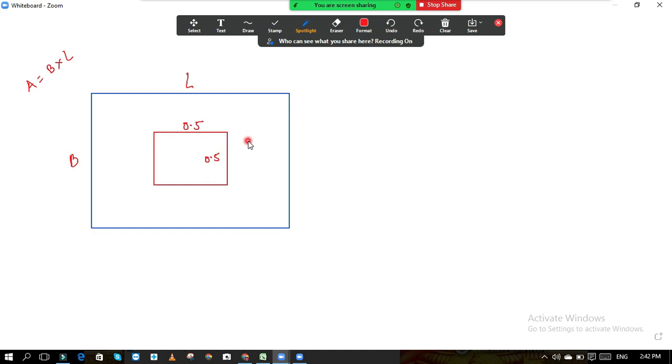Penetrate means trying to go through that footing, which has an area of B into L. In our case this is 2.75 by 2.75. We have calculated it, and that much we have provided. This is 2.75 meters and this is also 2.75 meters.